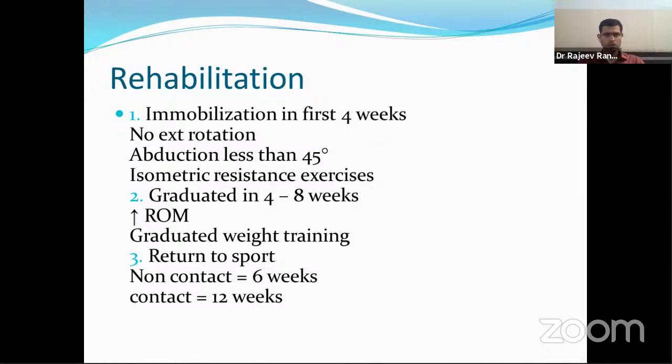The rehabilitation protocol is immobilization for the first 4 weeks, no external rotation, abduction less than 45 degrees, isometric resistance exercises, and then gradually after 4 to 8 weeks, ROM exercises are started. Sports can be started after 6 weeks, but contact sports are started after 3 months.